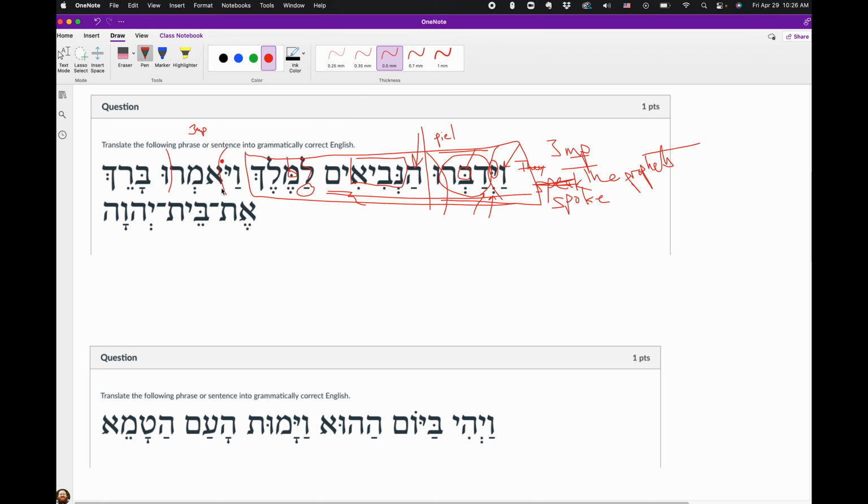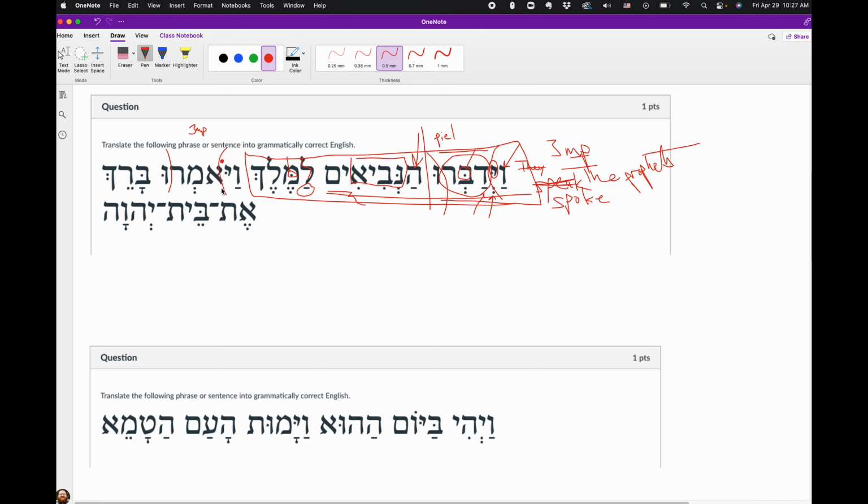The way that davar gets used in Hebrew lines up a lot more with speak in English. Amar almost always has a direct object or content following it. Davar doesn't. And so in English, when we use the word speak, it can be transitive, but it can also be intransitive. Speak doesn't have to have a direct object.